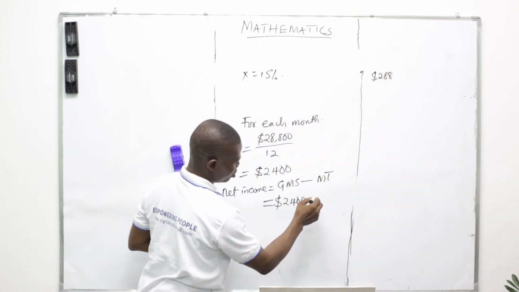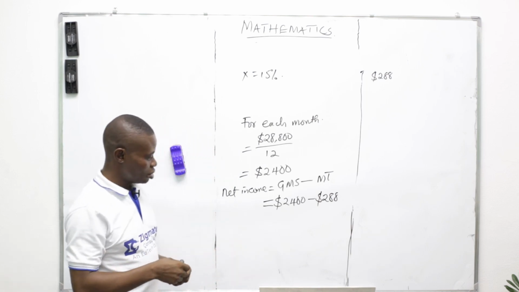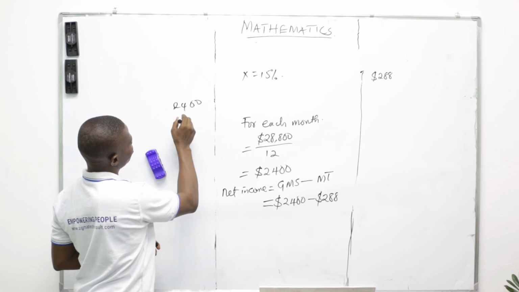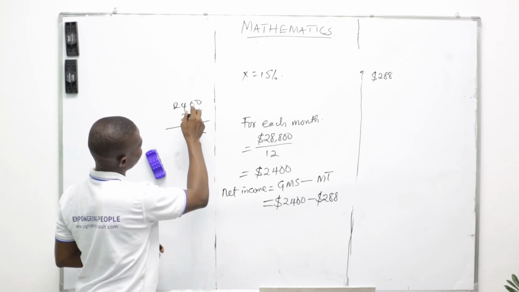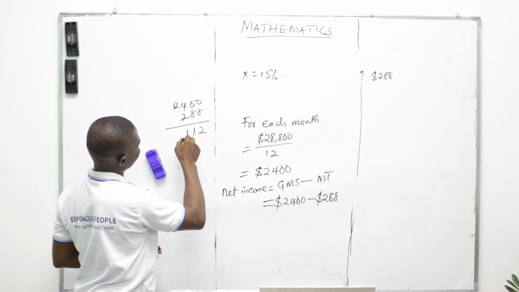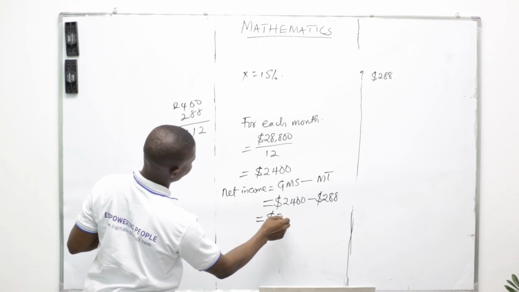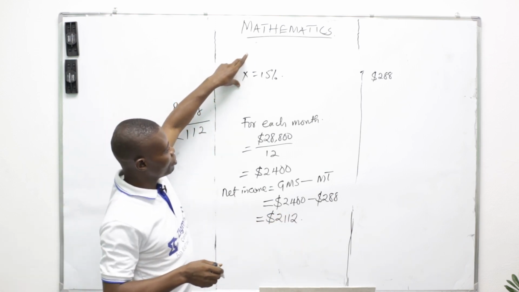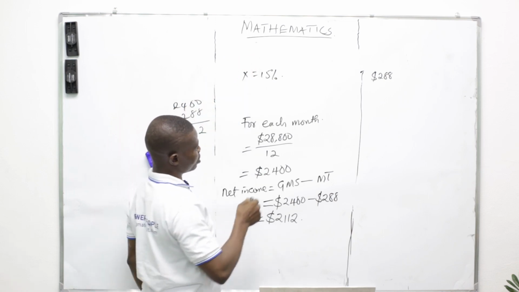We'll subtract this from 2400. This is 2, this is 1. To give us 2112.